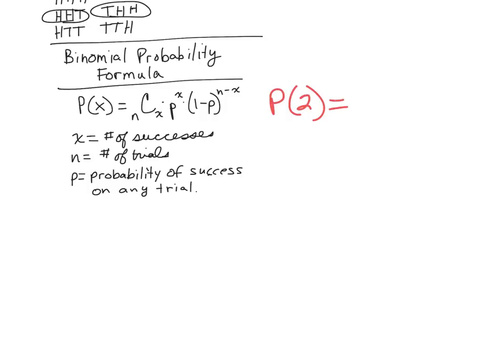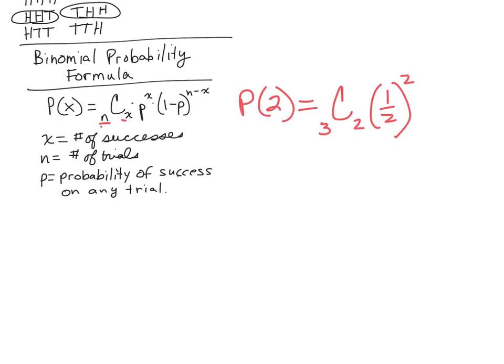If we follow the formula, that equals a combination of n things, which we said was 3, because there are 3 trials, x at a time, which we've already established x is 2, times little p, which is a half, because the probability of getting a head on any trial was a half, to the x, which again is 2, times 1 minus p, or 1 minus a half, raised to the n minus x power, which would be to the 3 minus 2 power, which is obviously just going to be 1.